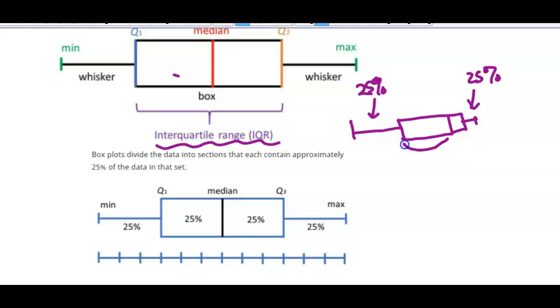This half of the box is 25% of the data, and this half of the box is 25% of the data. So the middle half of these data points, this upper 50%, is much closer. Like, if it was numbers between 1 and 10 that we were representing, there might be 8, 8, 9, and 10, whereas down here we had, you know, 1, 2, 3, 4, 5, 6. So they were more spread out.